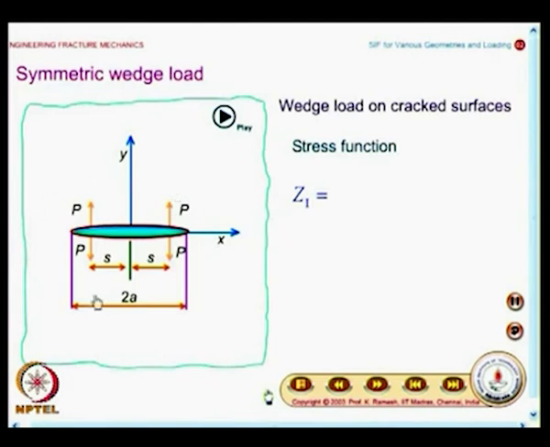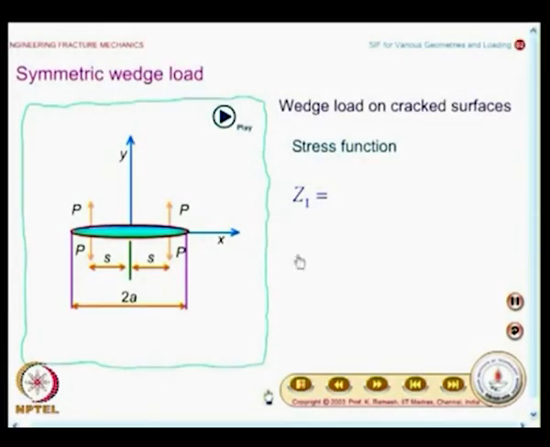You make a sketch of this, and what you find is you have a Westergaard stress function even for this problem. So, when you have Westergaard stress function for this problem, it is possible for you to solve and evaluate what is the value of stress intensity factor in terms of parameters of the problem.